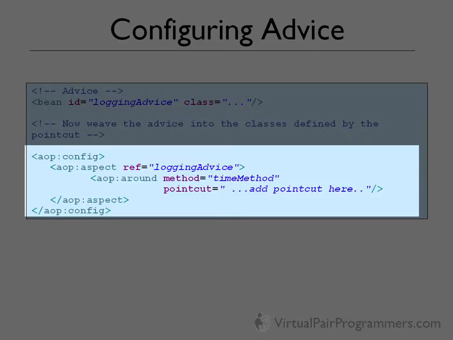Spring is going to go away and create some dynamic proxies for our services. It's just that we don't have to manually and laboriously declare those proxies anymore. The block of code you can see here that I'm highlighting is doing all of the work that we had in lots more lines of XML previously. Let's go through it all.